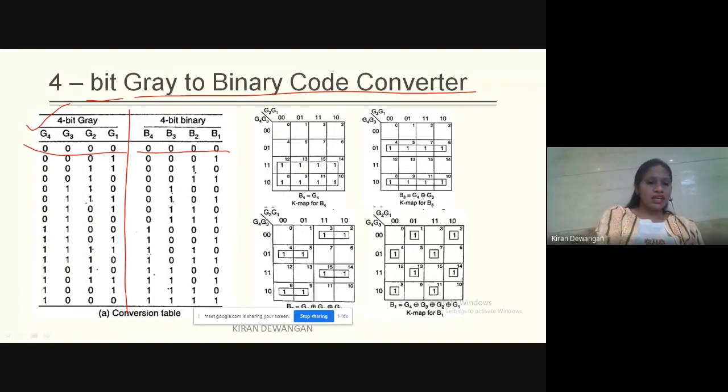That is, if the gray code is 0000, the binary code B4, B3, B2, B1 will be 0, 0, 0 and 0. So we'll be writing all the binary bits of the 4-bit gray code. Clear? Now from the conversion table, we'll write the expressions.